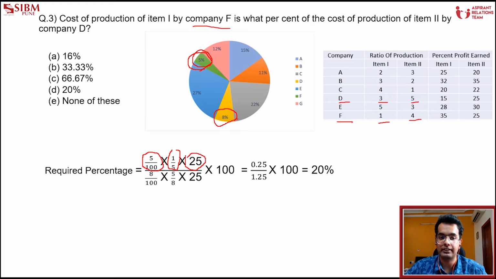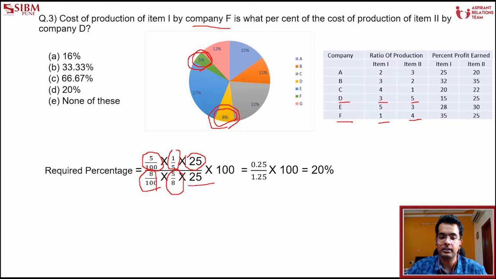Next, for company D, we do the same thing again. 8% of the total production is by company D, so it's 8/100. The ratio is 3:5 for item 1:2, so 3 plus 5 is 8, and we get 5/8.